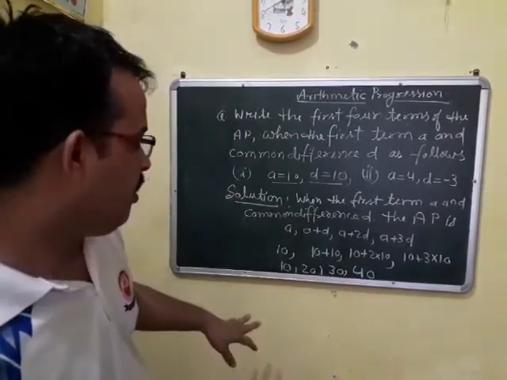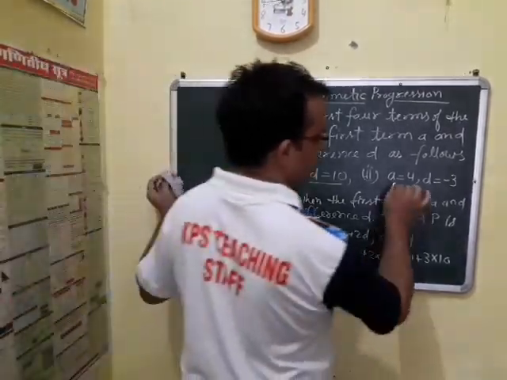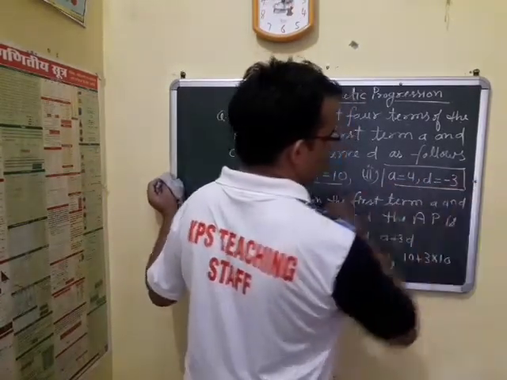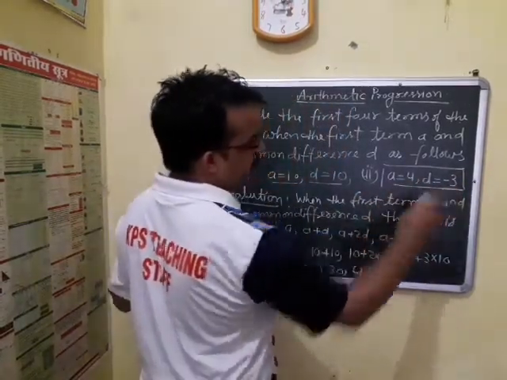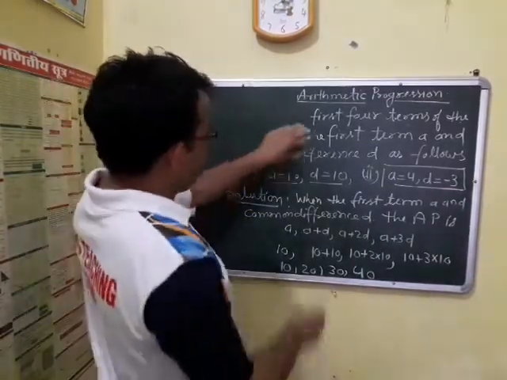Clear? Now here is the second part. Second part here is given: A is equal to 10 and D is equal to 3. Now solve here.